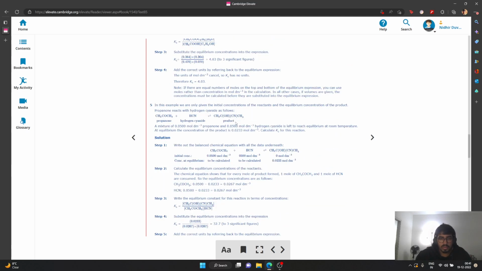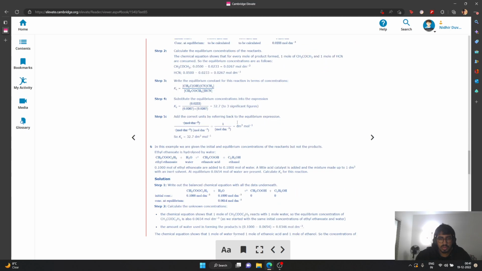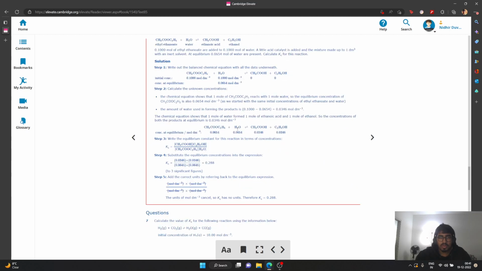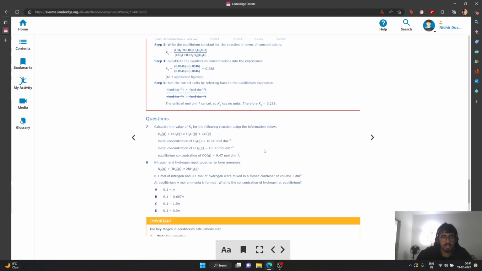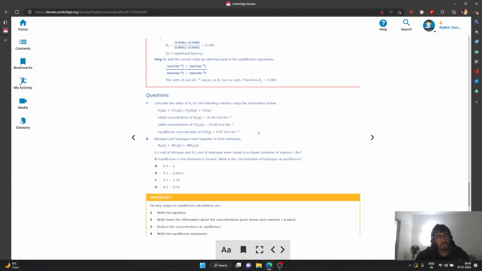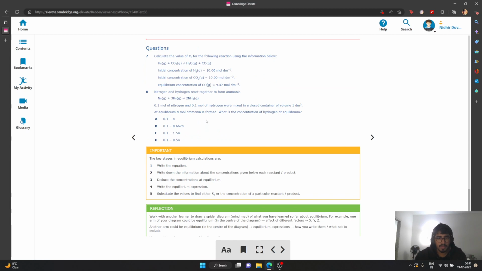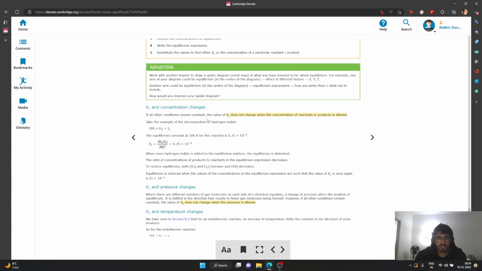Basically you don't want to take pure forms; a pure solid is just called a solid, and a pure liquid is called a liquid, so you also don't want to take that. Aqueous and gas are fine because they diffuse with each other, so that's okay.